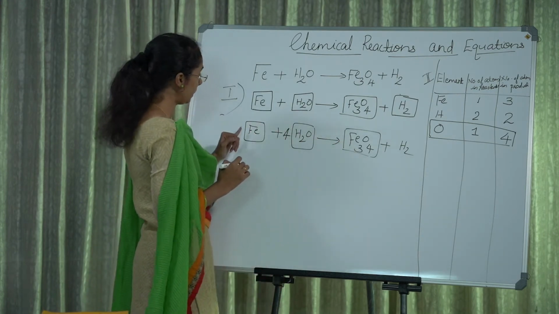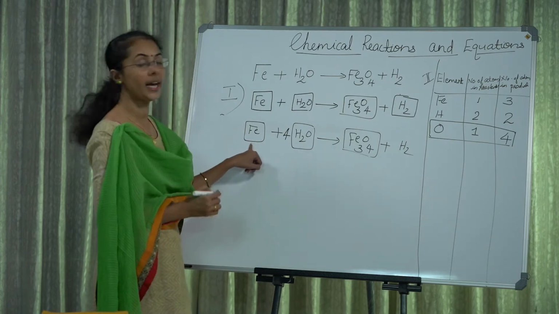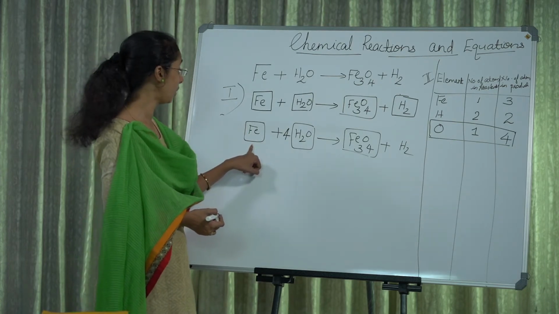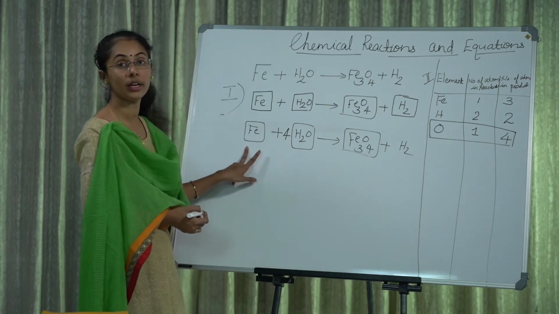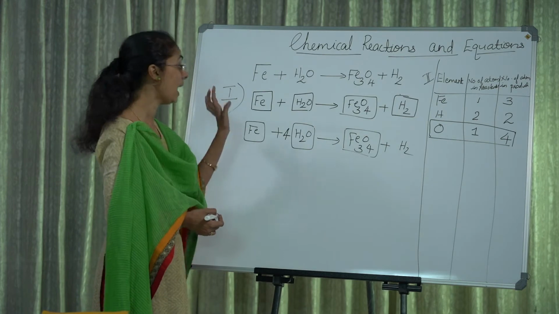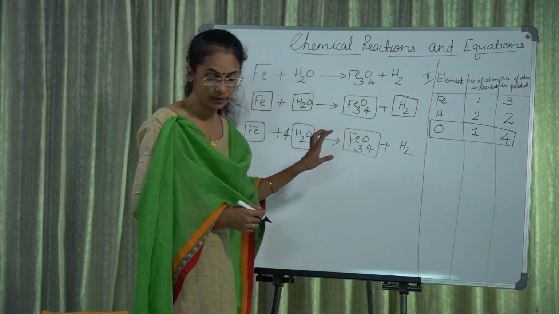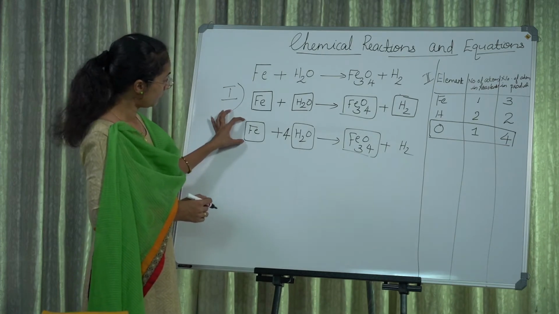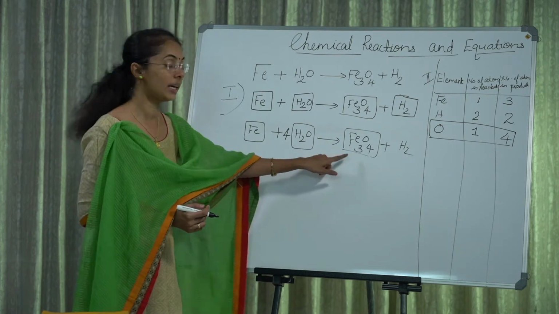Fe3. Here Fe. The number of atoms on the reactant side for Fe is 1 and on the product side Fe is 3. Number of reactants 1, this one is 3.